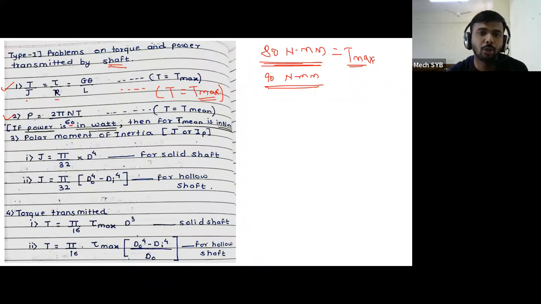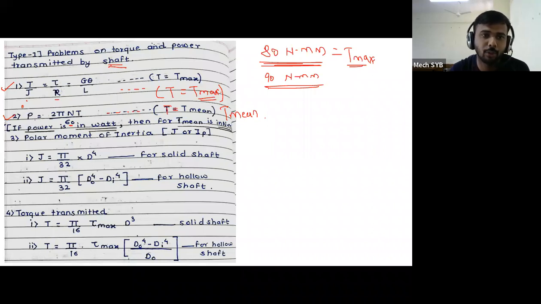In front of that formula, capital T is equal to T mean. Write it down. The T indicated in the power formula we call T mean, meaning mean torque, the torque which is calculated for a particular power value.